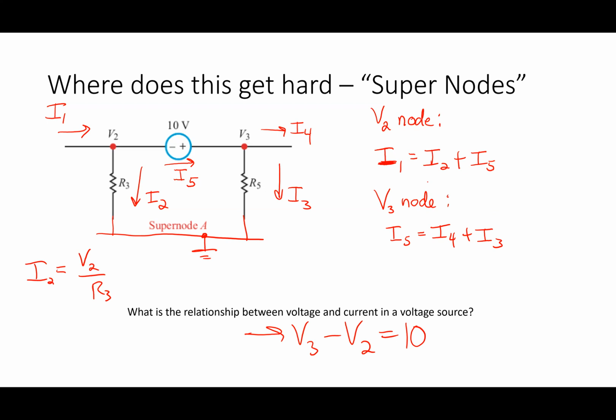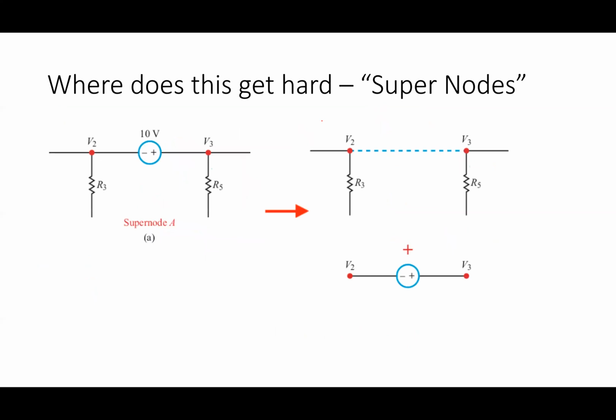So check this out when I combine those things. It says I1, the current entering here, equals the current going here, plus the current going here, but the current going here is the same as the current that leaves at the other side. So basically I can think of this with this picture. Just imagine the voltage source isn't there and these guys were connected to each other.